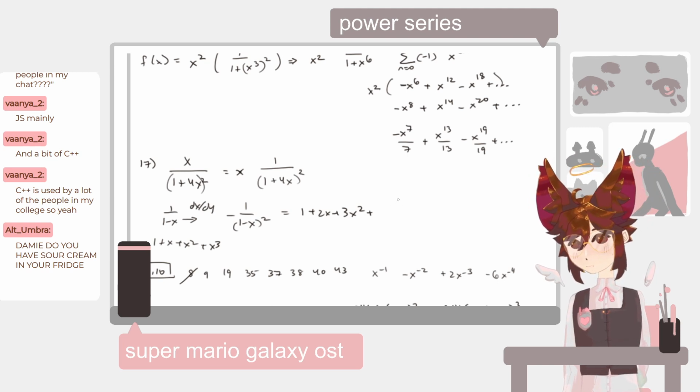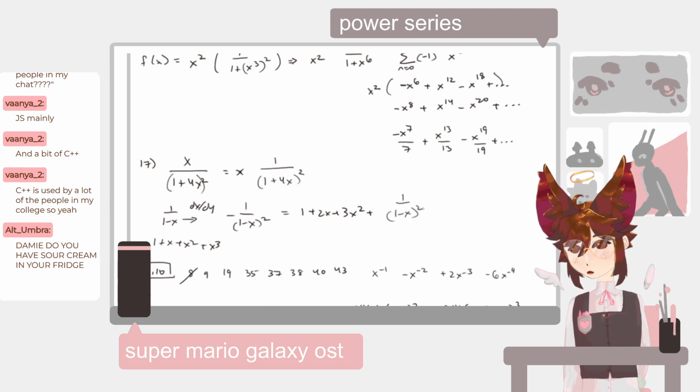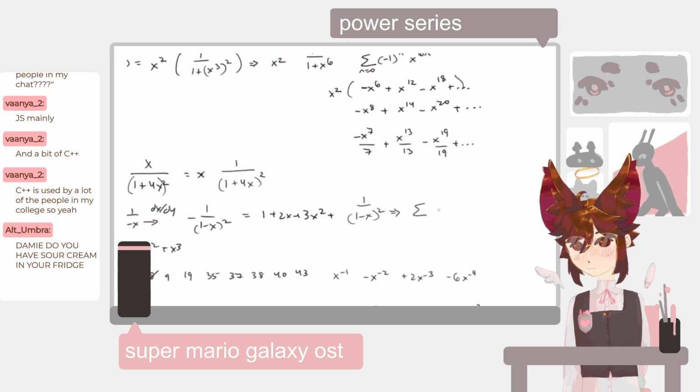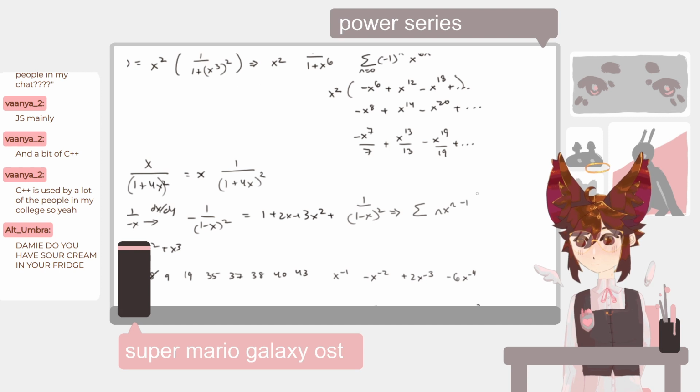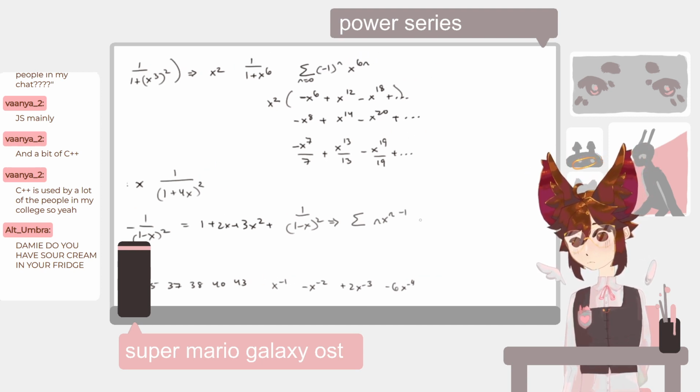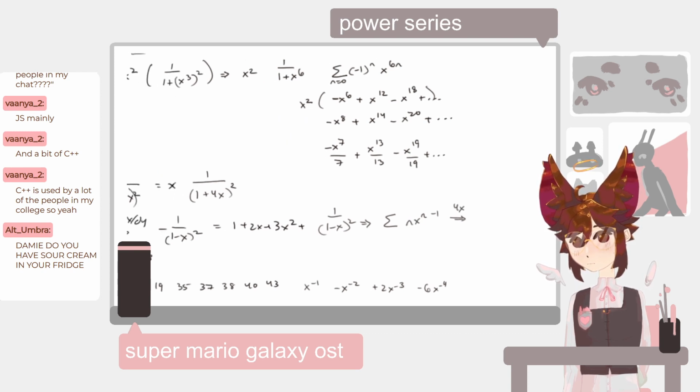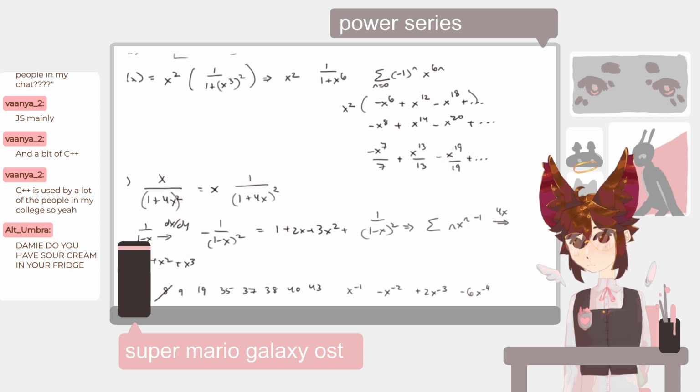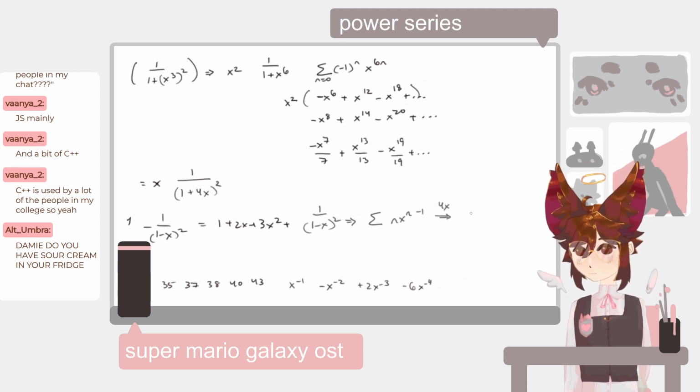Okay, so for 1 over 1 minus x squared, you get x to the n, and x to the n minus 1. And then if you put a 4 in here, or 4x, then you get... But how are you getting a... Then you'd get 4n minus 1 and x.